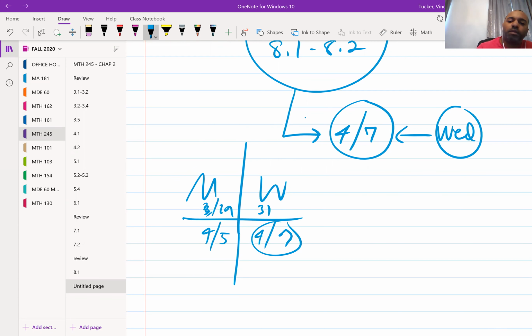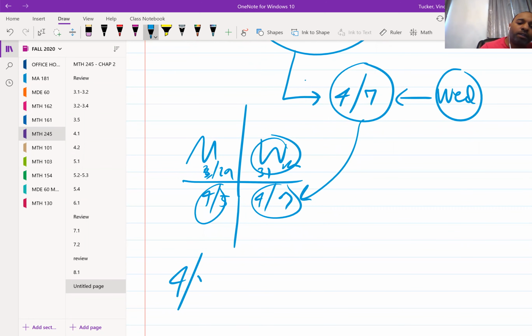So we're talking about the 7th right here. As far as reviewing, we can review Wednesday and Monday, this Wednesday coming up and Monday. So the way we'll do it is that on the 7th, we have the proctored test.